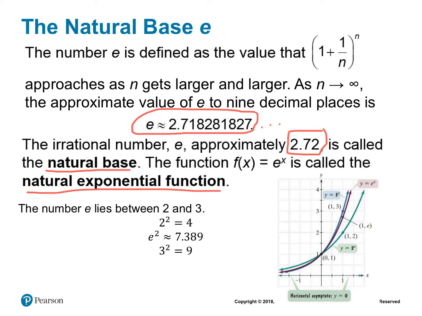You get about 7.389, and 3 squared is 9. So you can see that the purple graph here lies in between the graph of 2 to the x and 3 to the x because e is about 2.72 to the x.